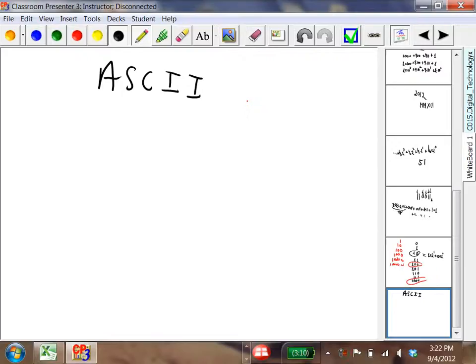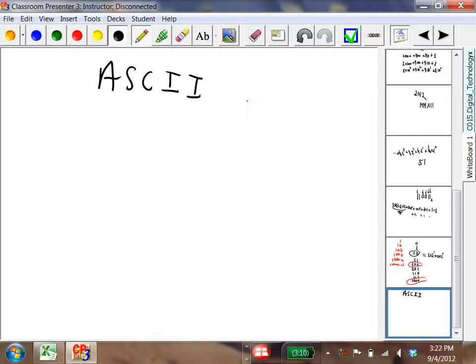American Standard Code for Information Interchange. It's just a code in binary for storing characters, mainly the characters on the keyboard of your digital device.